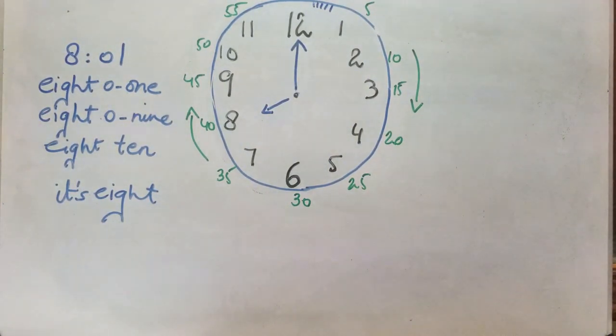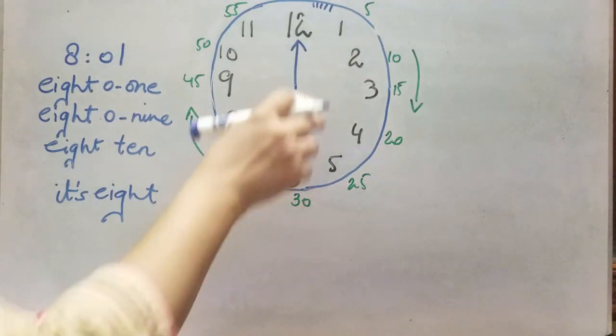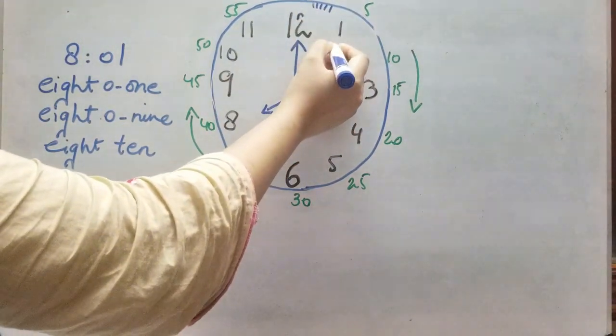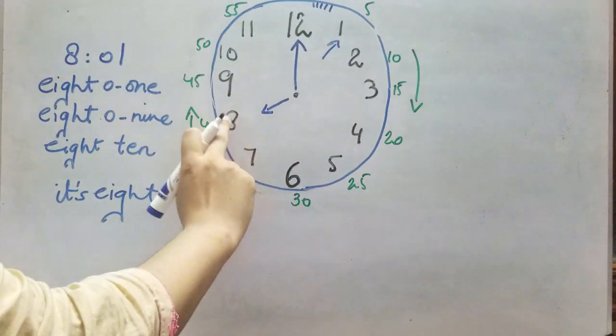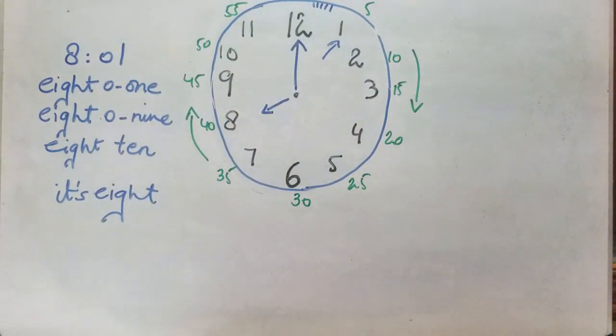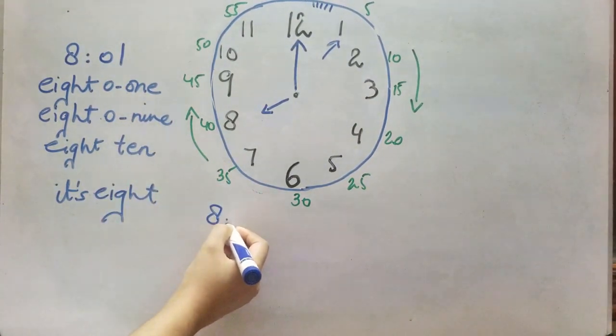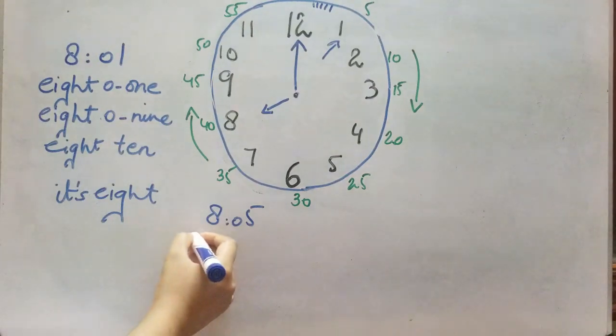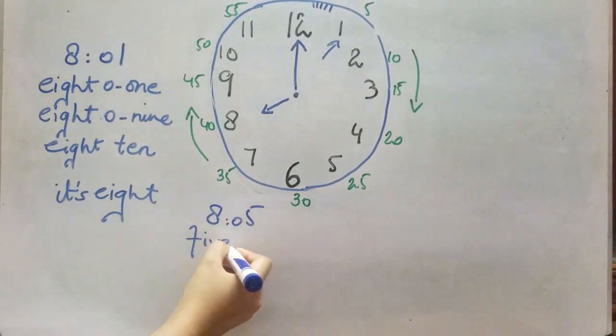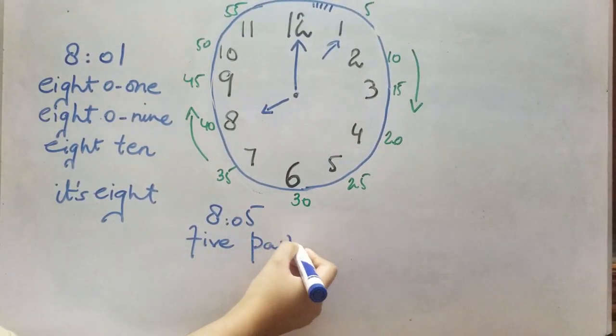Okay, or if the minute hand was pointing towards 1 and the hour hand was on 8, they will regard this as 5 past 8. Okay, if it's 8:05, they will read it as 5 past 8.